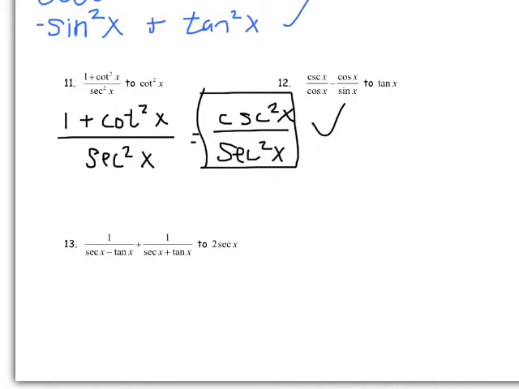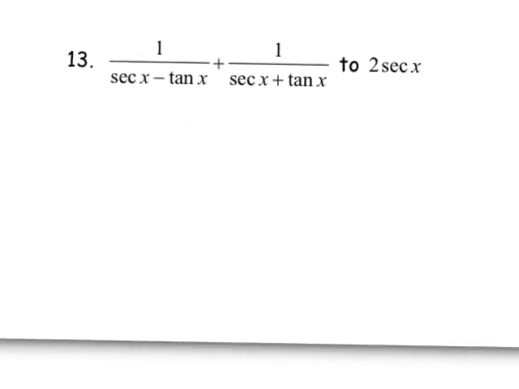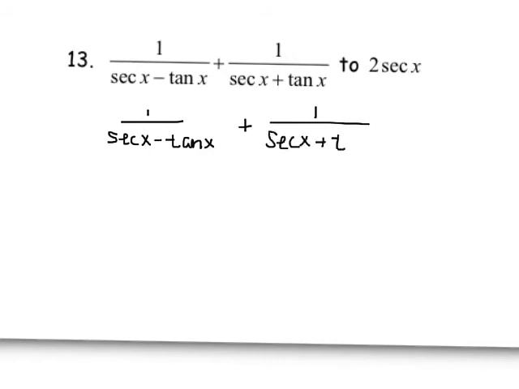All right, number 13 is probably the more difficult question of this group. Now, we're going to talk more about this kind of question tomorrow, but the idea behind this question is that this group is different than this group.